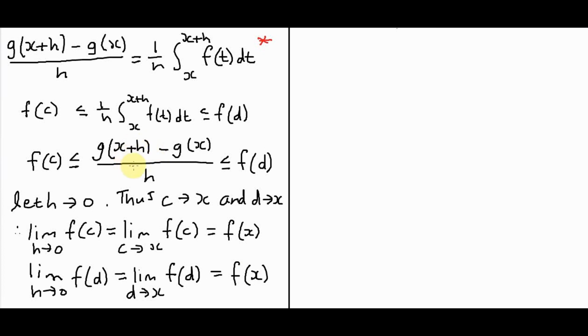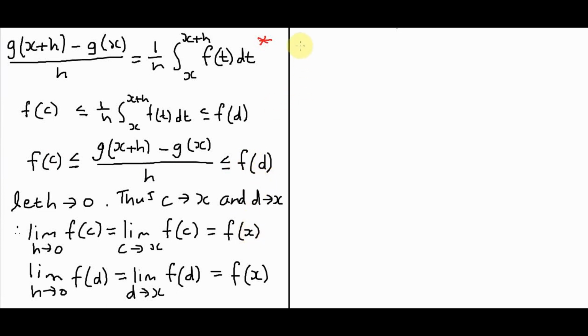Now finally, note that g of x plus h minus g of x all over h is squeezed between f of c and f of d. And we have just shown that the limit as h approaches 0 of f of c equals the limit as h approaches 0 of f of d and is equal to f of x.